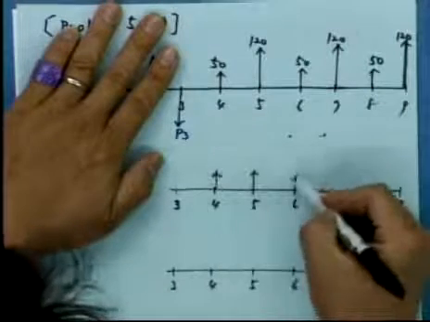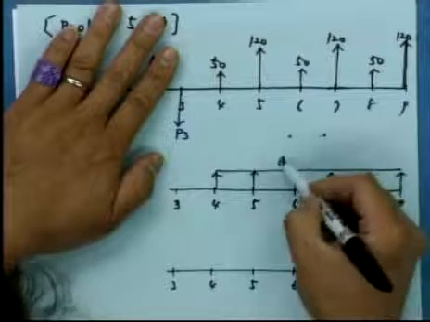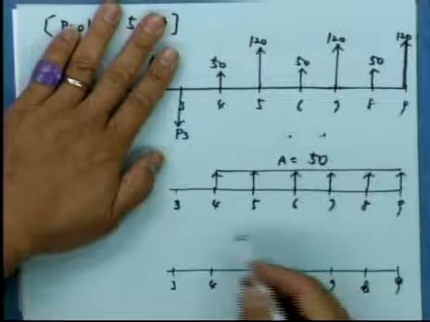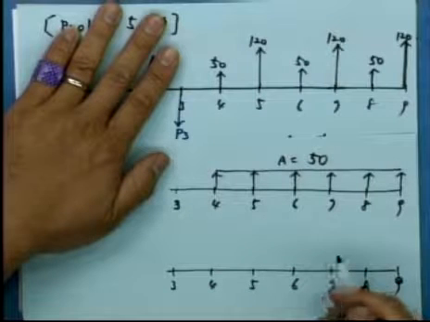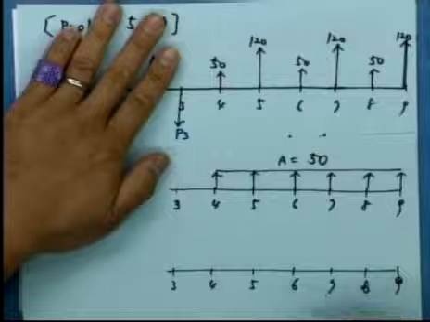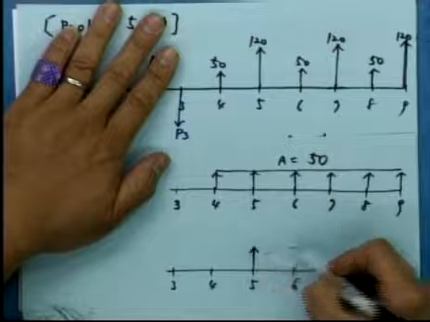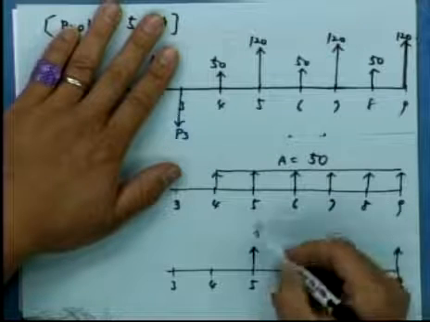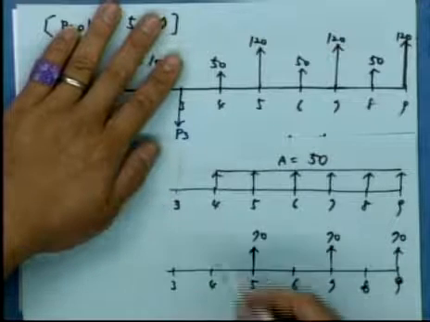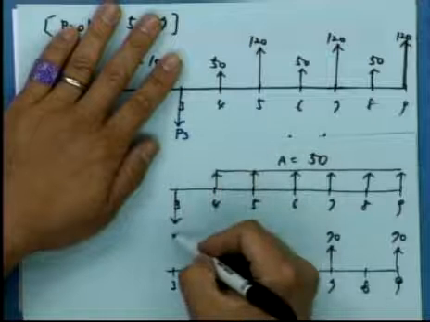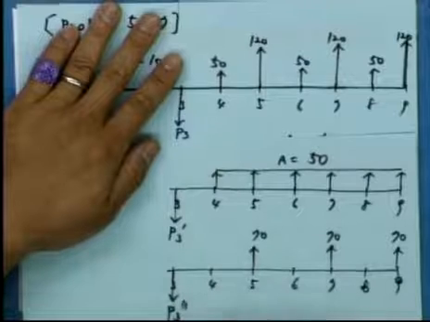One for the uniform series of 50s, and then another for the series of 3 single payments of $70. Is that right? Okay. And then let's add, this is the P3 prime, and then P3 double prime. Okay?